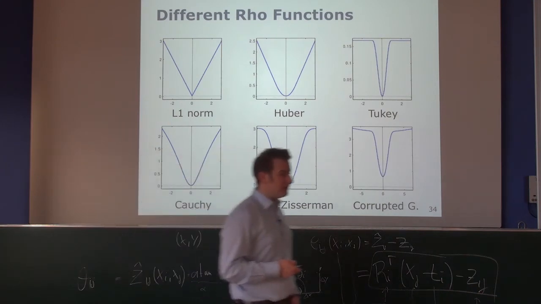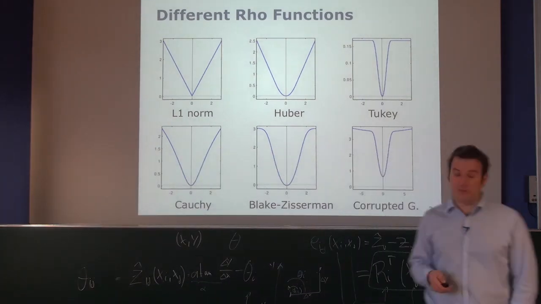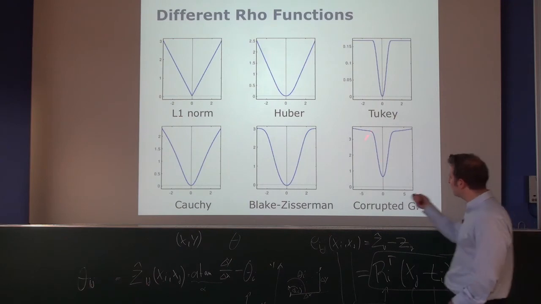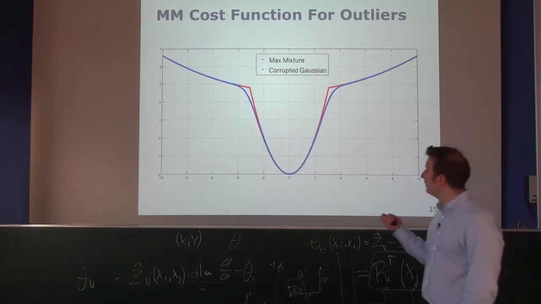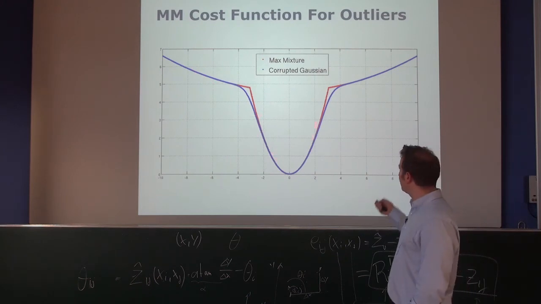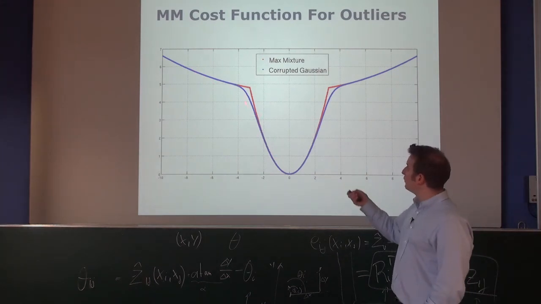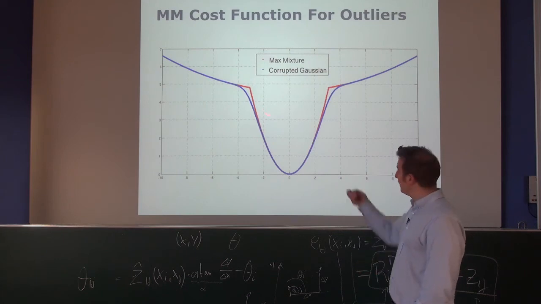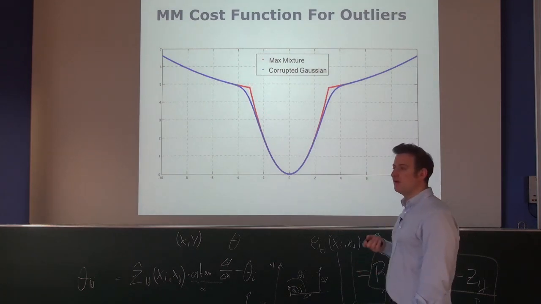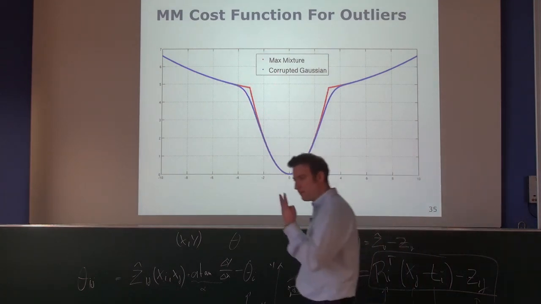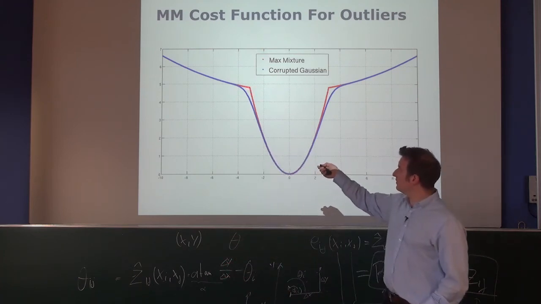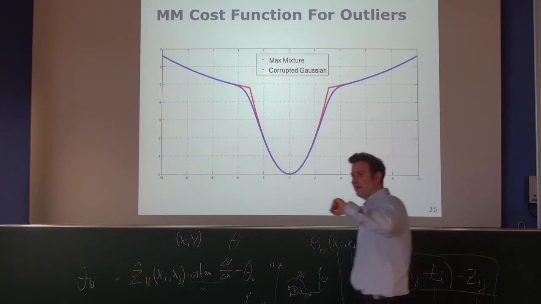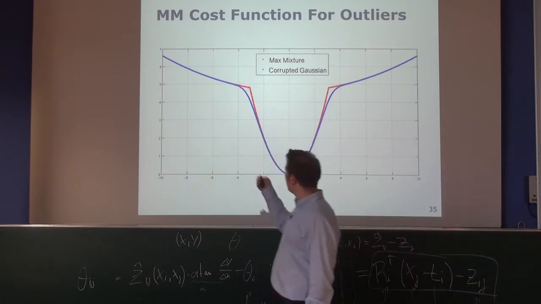And then we try to minimize them. If you look at the max mixture approach, it's actually similar to this corrupted Gaussian. If you plot both of them together, the blue one over here is the corrupted Gaussian, and the red one over here is the max mixture. I still have this max operation when I switch, so it's the max mixture for a bimodal distribution for dealing with outliers. You still have this jump over here when you jump from one mode to the other, which is non-smooth.